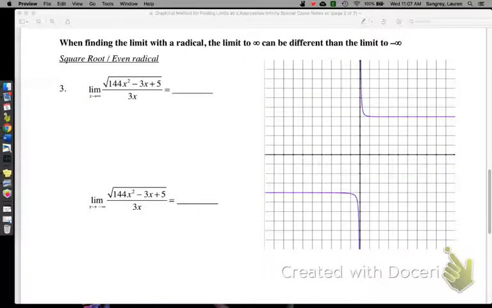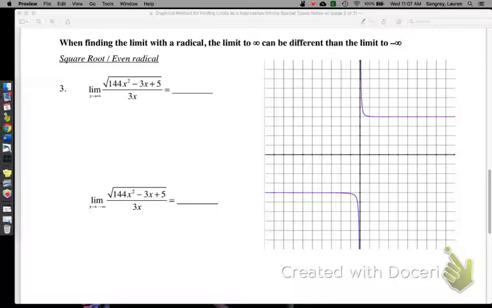All right, and then the next special case we're going to look at is dealing with square roots or some sort of even radical, so 2, 4, 6, etc. We are only concerned with the leading terms, so that's going to make this a little bit easier to deal with.